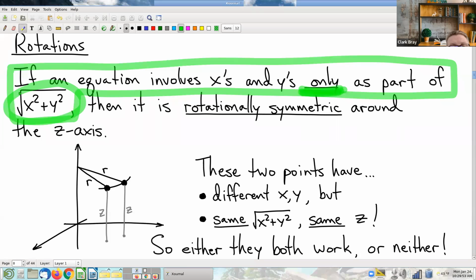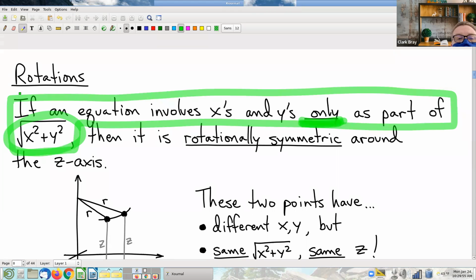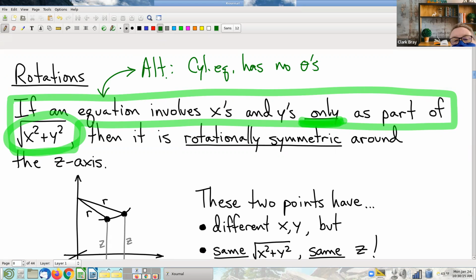Now, let me say that a little bit differently. An alternative version of this: if the cylindrical equation has no thetas, right? If you think about it, if X and Y appear only as part of what is in fact exactly R, then the X's and Y's all turn into R's, and then you're just left with R's and Z's.